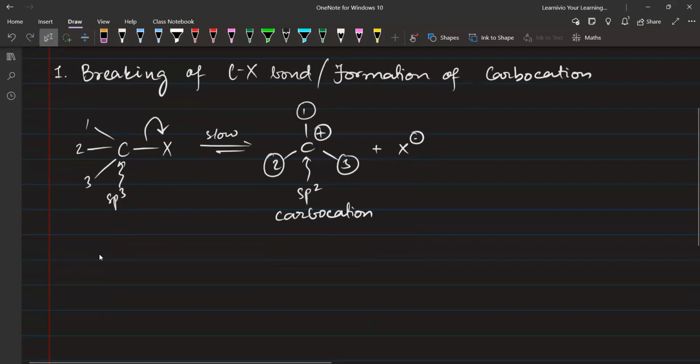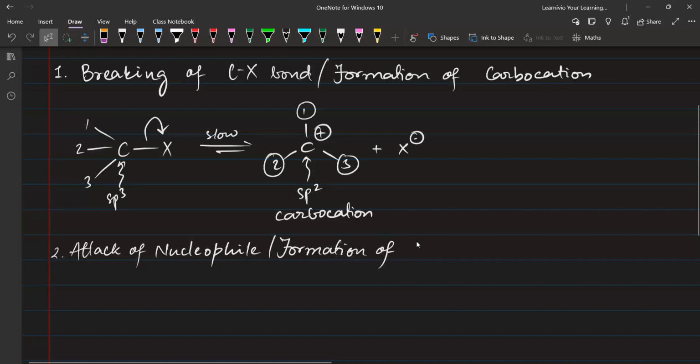In the next step, please write attack of nucleophile, or formation of C-Nu bond. Let me know if you're done till here.